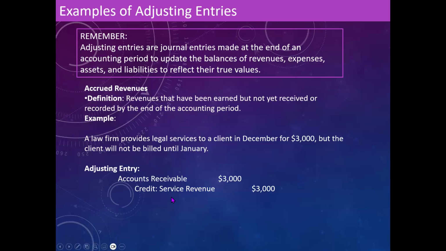So we do an adjusting entry to recognize we've earned the revenue. Remember, a revenue is increased with a credit, and our accounts receivable, which is an asset, is going up. So the adjusting entry recognizes we've earned the revenue, even though we have not yet been paid for it. That's an accrued revenue adjusting entry.